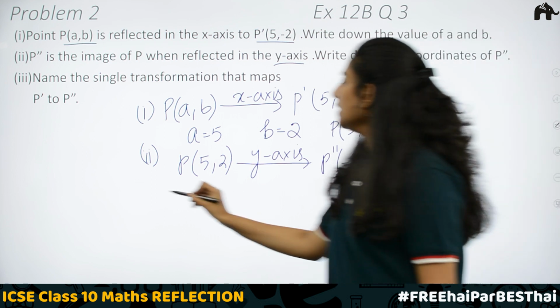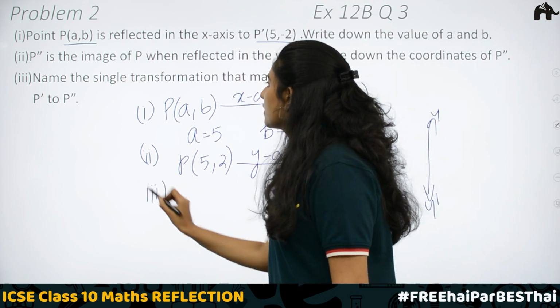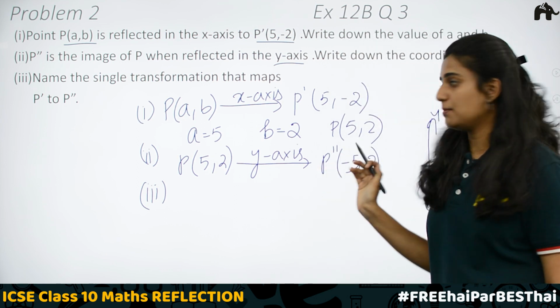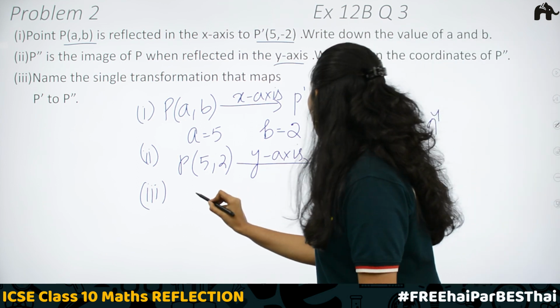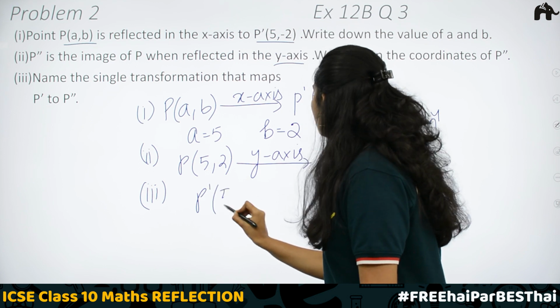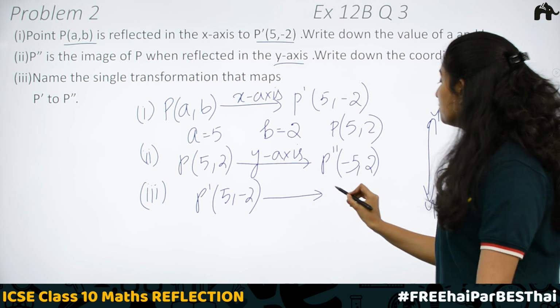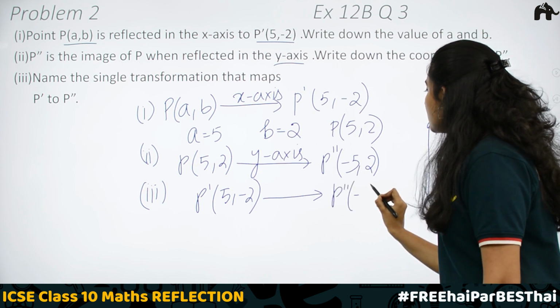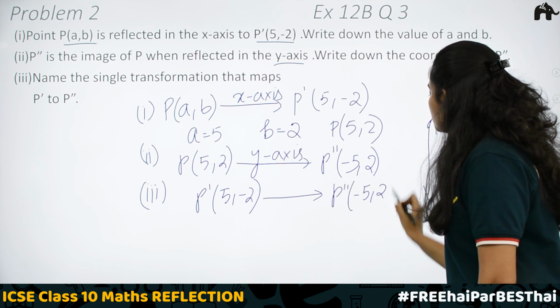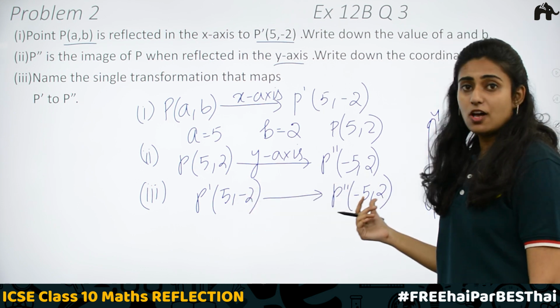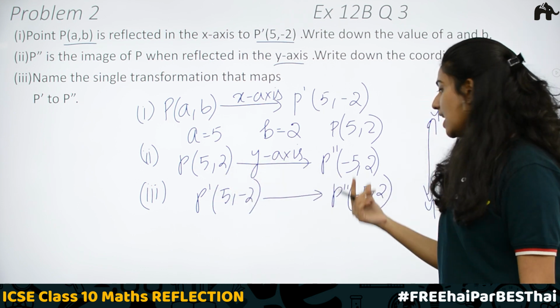Now the third part. Name the single transformation that maps P dash to P double dash. We have P dash (5, minus 2). A transformation happens and we get P double dash, which is (minus 5, 2). What transformation is this? Check the signs of the coordinates of P dash and P double dash.